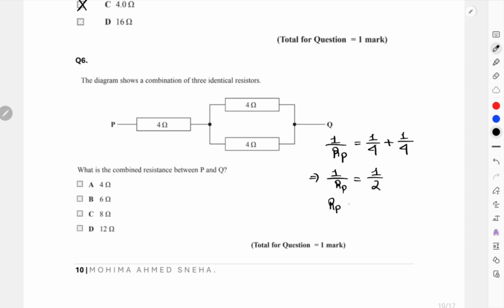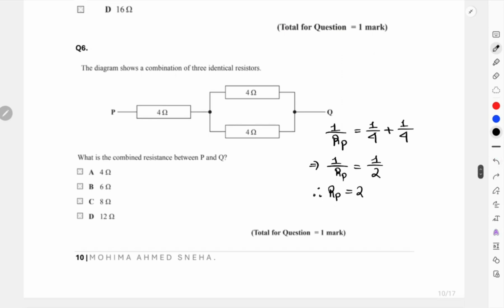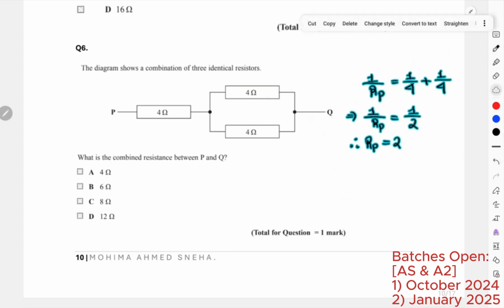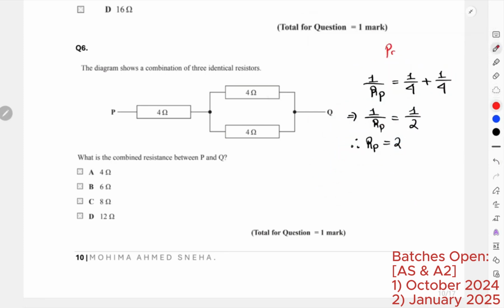So in that case, the total parallel resistance combination is going to be 2. Okay, now the parallel combination resistance is 2. Another resistor of 4 ohms was connected in series with this parallel combination. Now we can write it just for the series combination. This is for the parallel combination, by the way. Let me write this at the top.